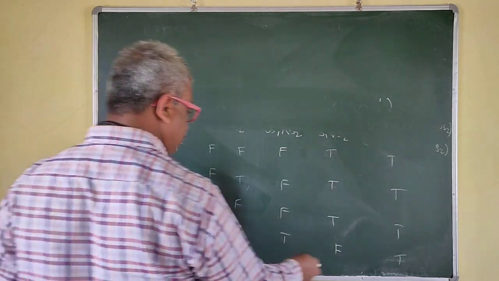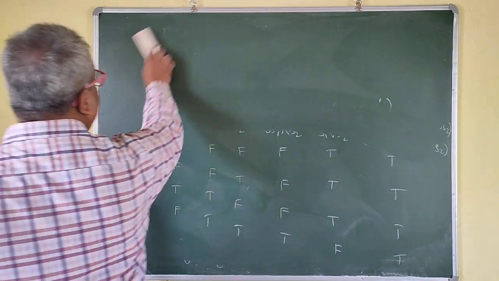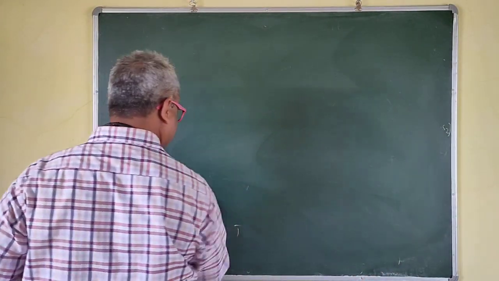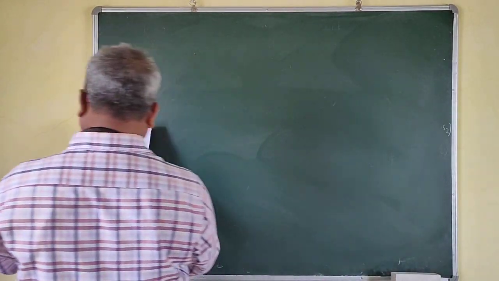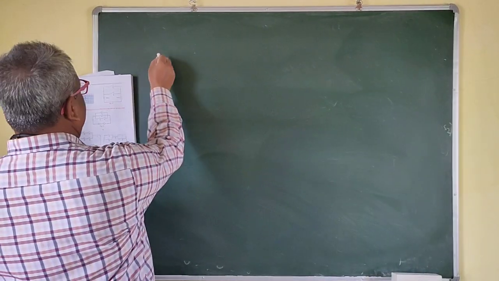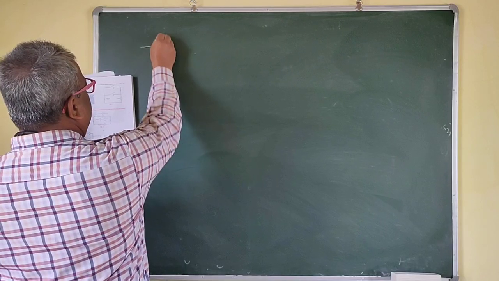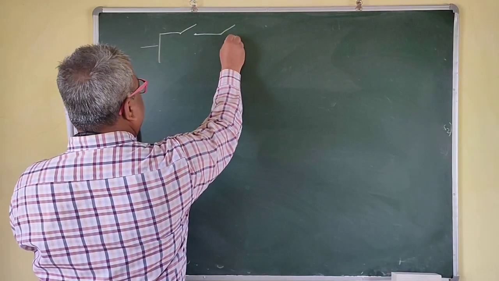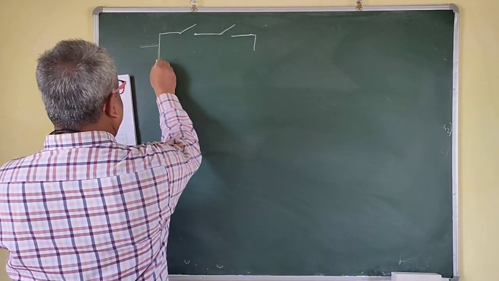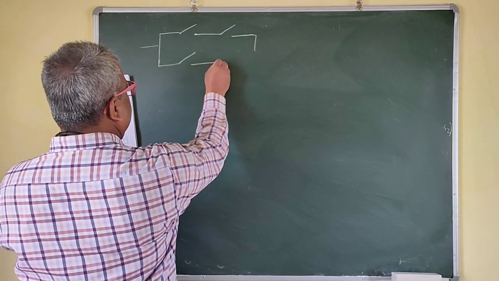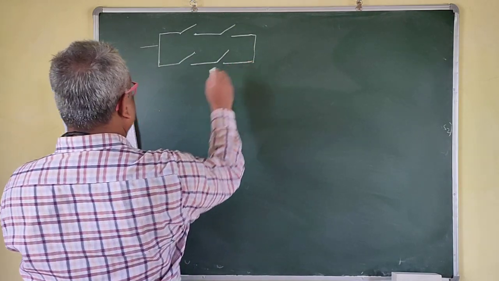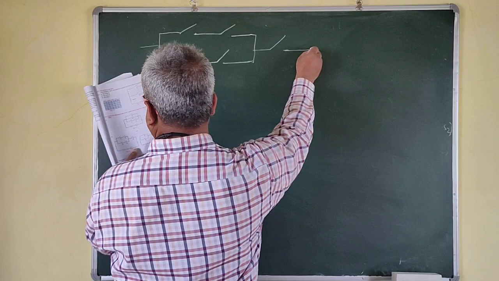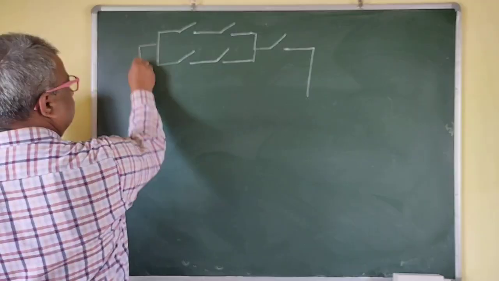Next. The question is the same now. You have to express this in symbolic form. We have to express this in symbolic form. Okay. My drawing is not so good, I am just trying this.